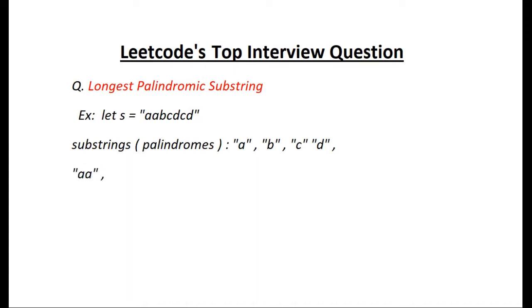Then there is one more, CDC. I don't think there is any other substring that is a palindrome, right? So what is the maximum length of the palindrome? That is 3, CDC.